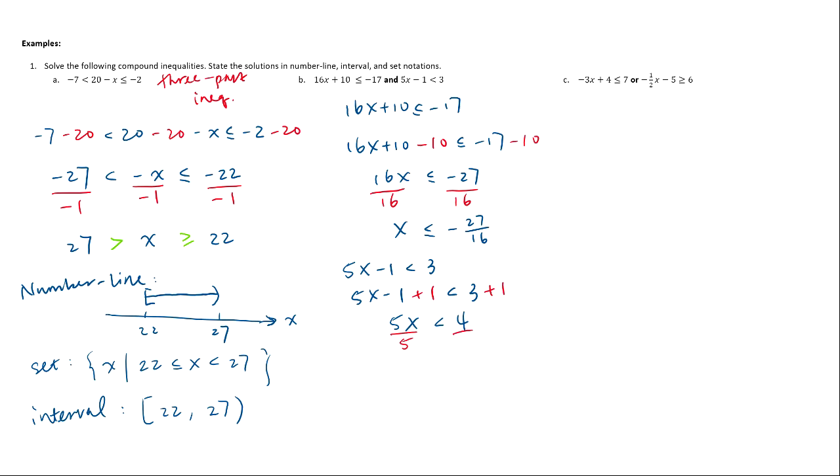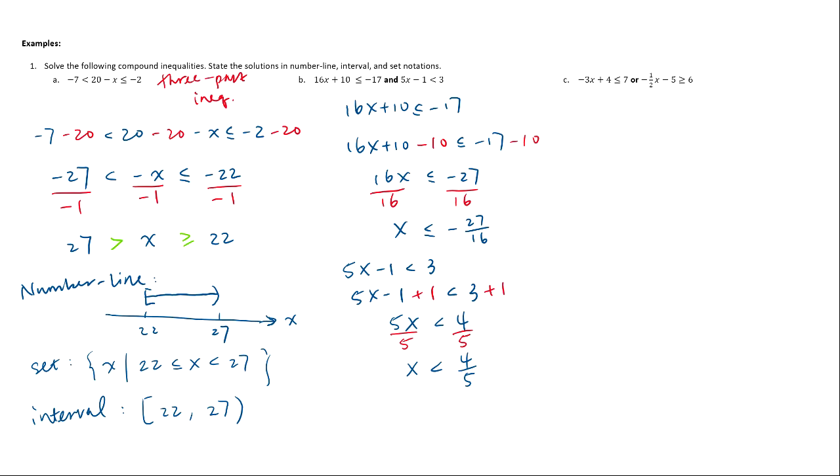To get x by itself, we can go ahead and divide by 5 on both sides, which results in x is less than 4 over 5. We didn't have to deal with switching the direction of the inequalities at all, so we can just keep the direction because we're not dividing or multiplying by negative values at all.